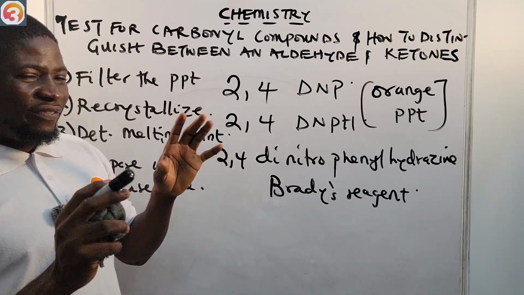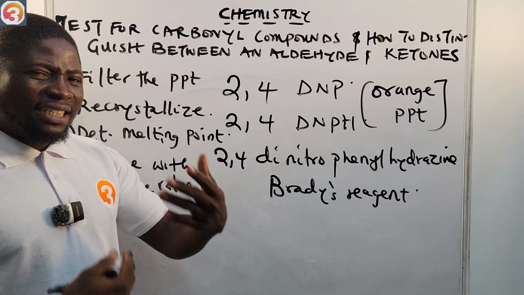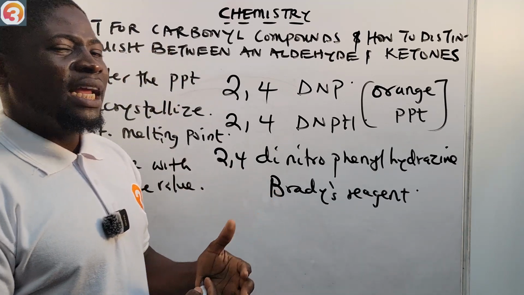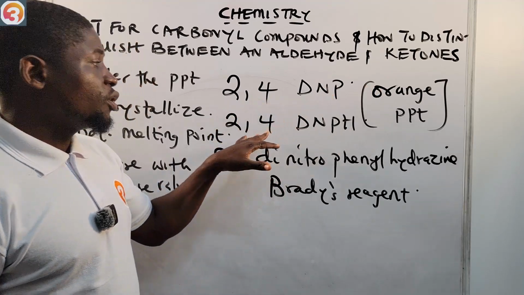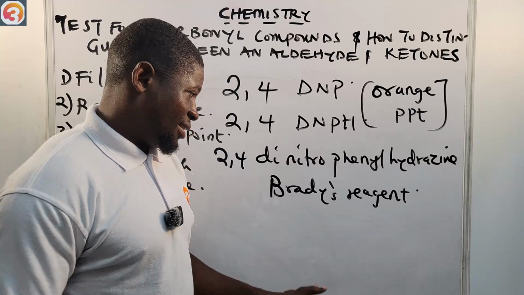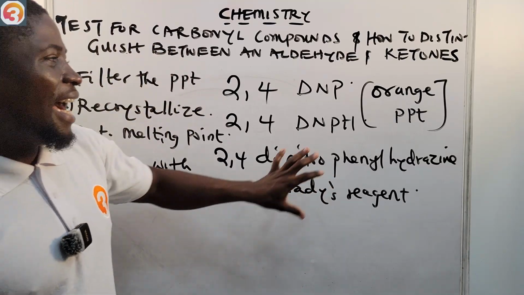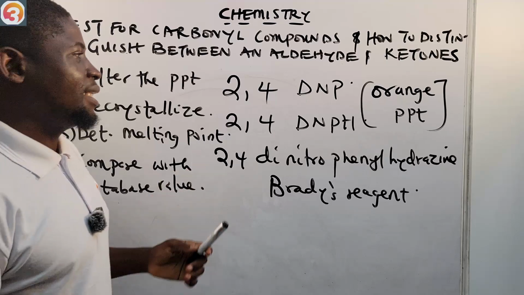So that is the first method for testing for carbonyl and distinguishing between a ketone and an aldehyde. It is 2,4-DNP or 2,4-DNPH, 2,4-dinitrophenylhydrazine, also called Brady's reagent, and the positive result is an orange precipitate. Please commit that to memory.